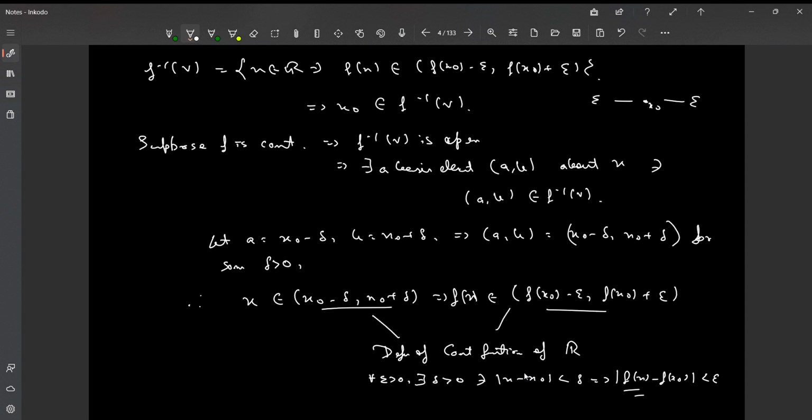So f(x) is in this interval, right? So this was our precise definition. The converse is quite trivial to see. There is nothing much constructive about that, right? So this is what we also call the epsilon delta definition of continuity, right? I guess it's clear.